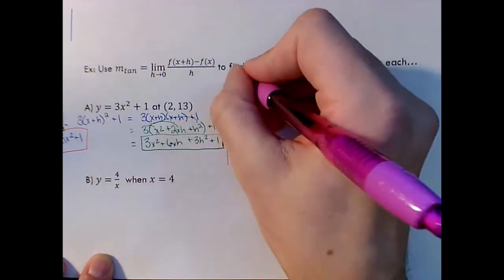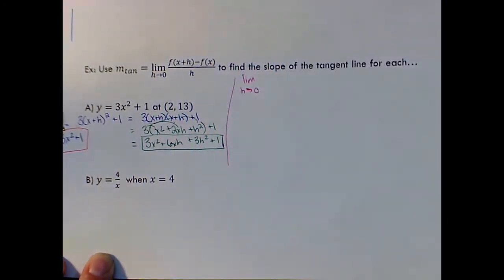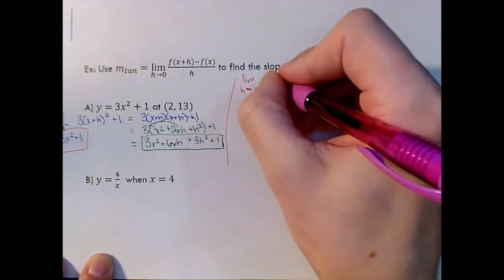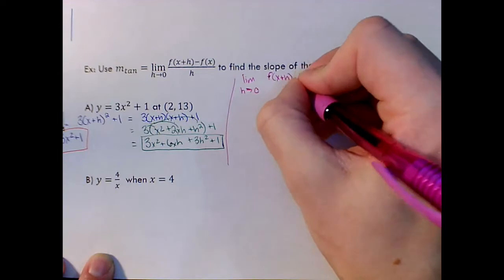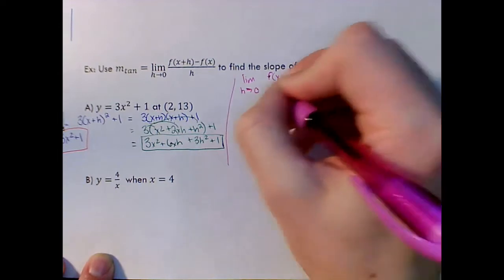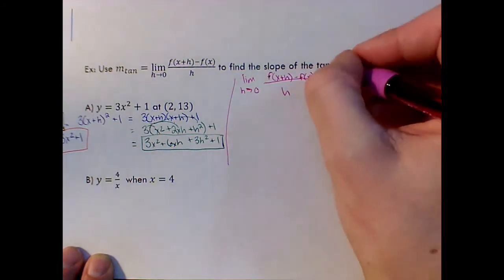The limit as h approaches 0 of f of x plus h. I'm just going to rewrite the entire formula because I think I have the space, and I'd rather have you see the whole process than for me to try to cut corners. The limit as h approaches 0 of f of x plus h minus f of x over h is going to look like this.